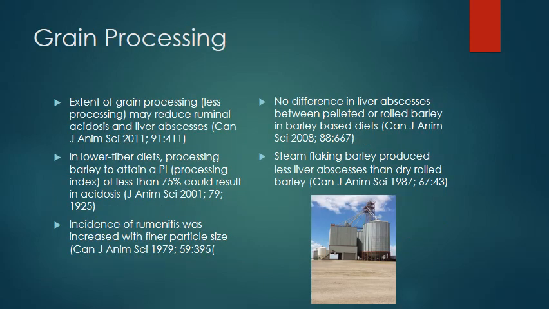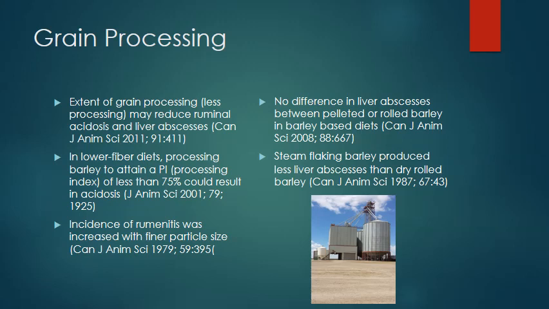The risk of liver abscesses may vary depending on how fine we process our grain. In theory, if we process our grain finer, we increase the risk of ruminal acidosis and possibly liver abscesses. In one study in barley-based diets, they found that processing barley to attain a processing index of less than 75% increased the risk of acidosis in low-fiber diets.